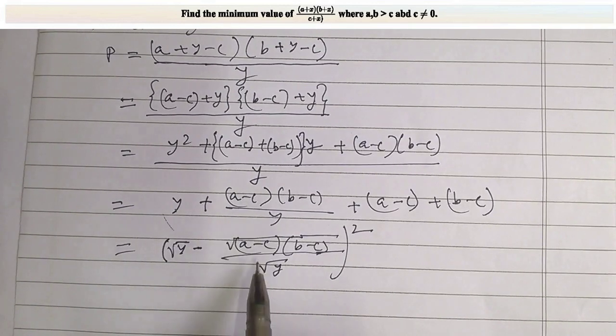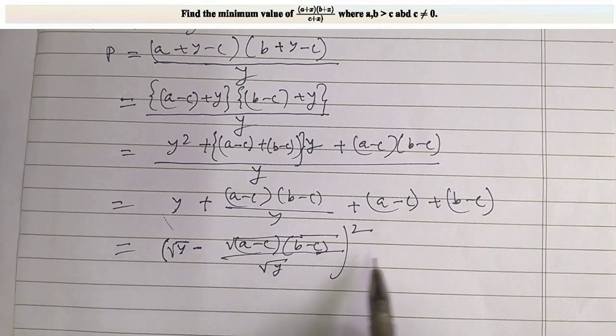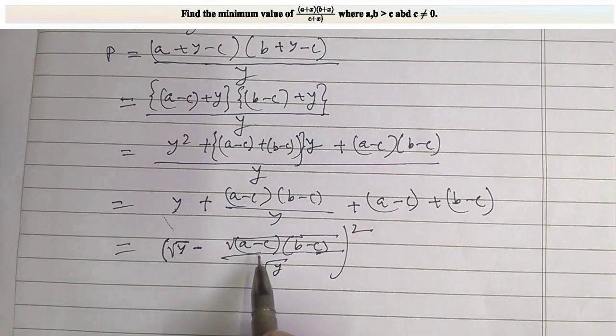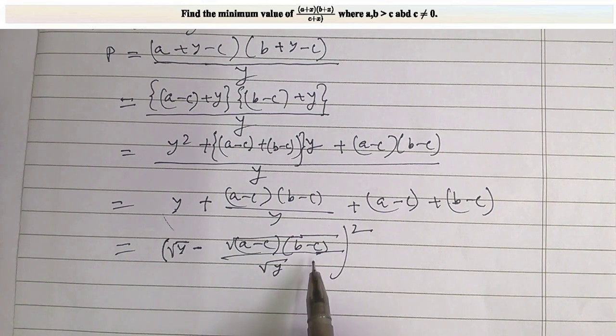Root y is written because whenever it is expanded, it will be y, it will be a minus c, and b minus c by y.